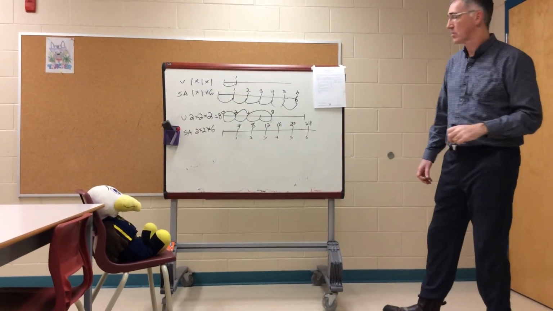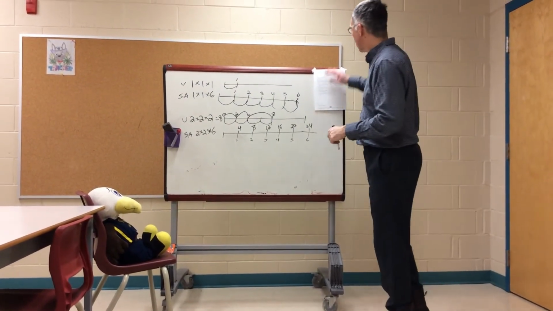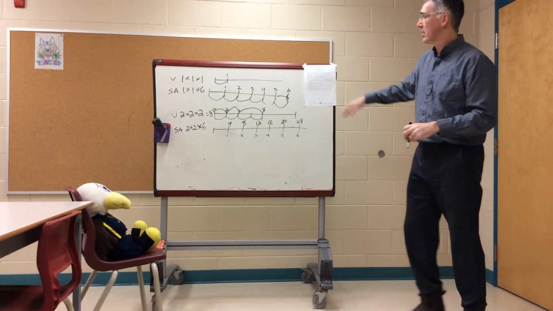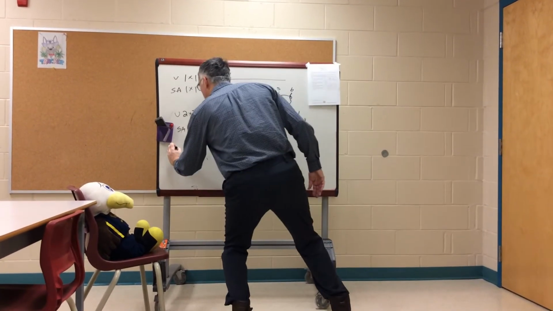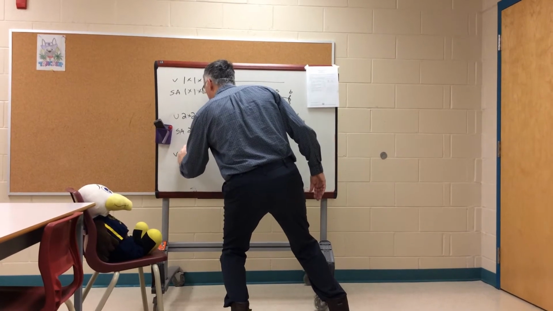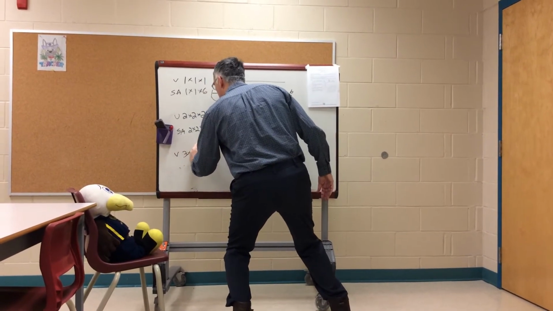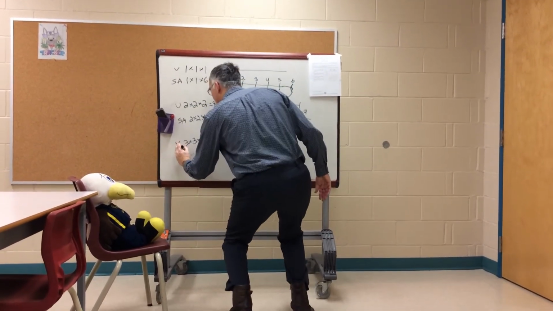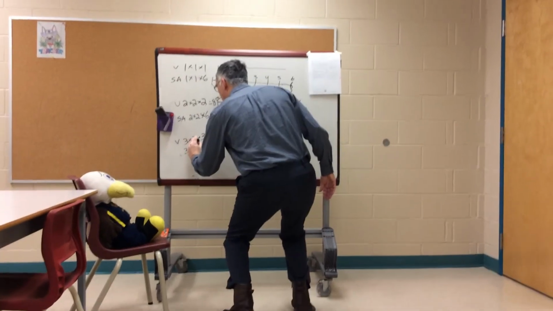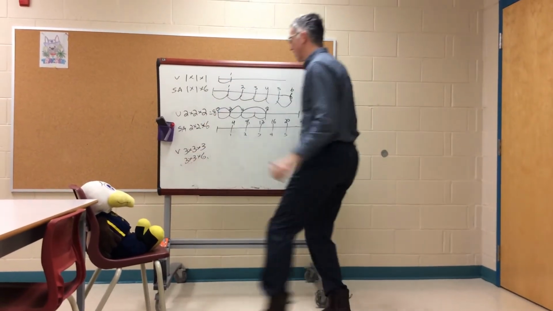There's my 6 times. And so as we continue to work through this problem, we see that our volume for my third one is going to be that 3 by 3 by 3, whereas my surface area is going to be that 3 by 3 by 6.